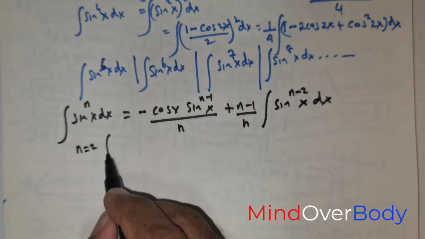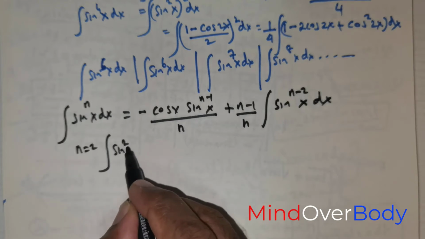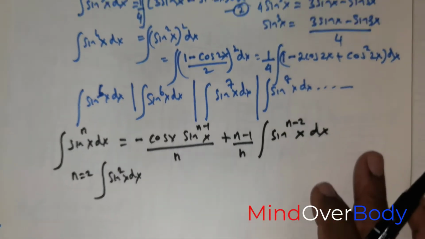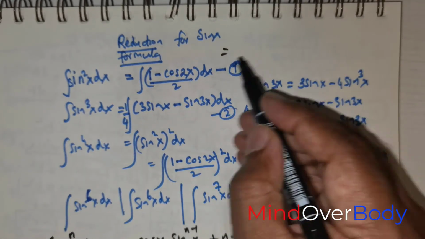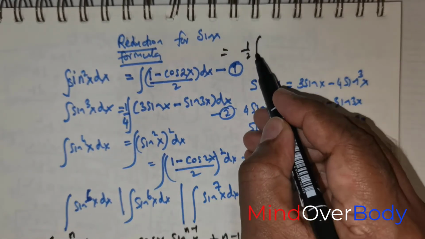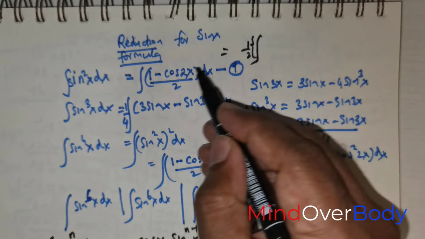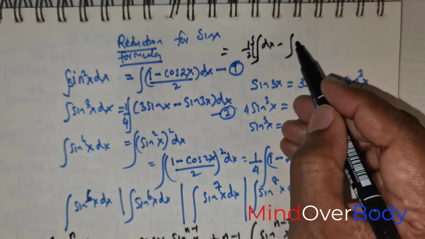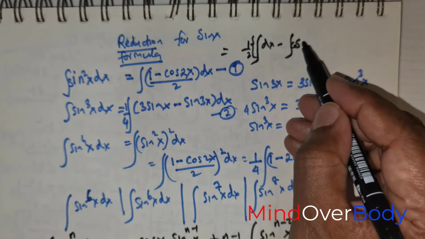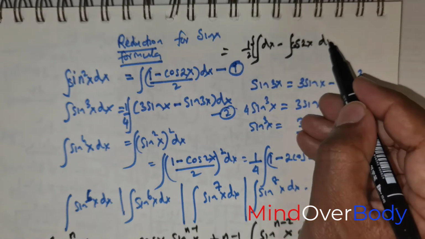Now let me take the simplest one. For n equal to 2, we are expected to integrate sine squared x dx. Now let me show you this. If I were to integrate this, I can take 1/2 out, so this is going to be the integral of dx minus the integral of cos 2x dx, right?